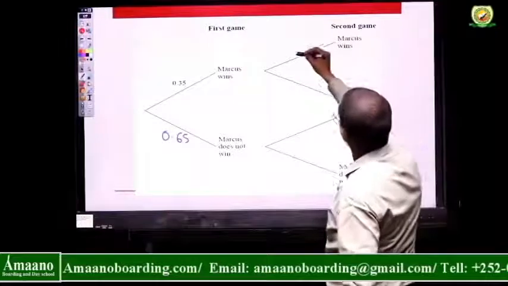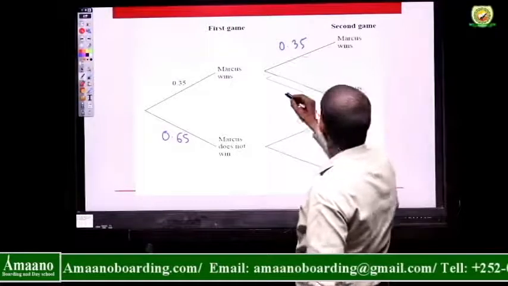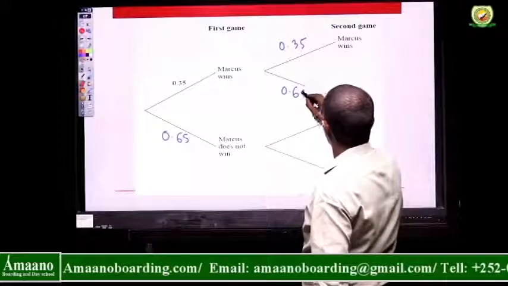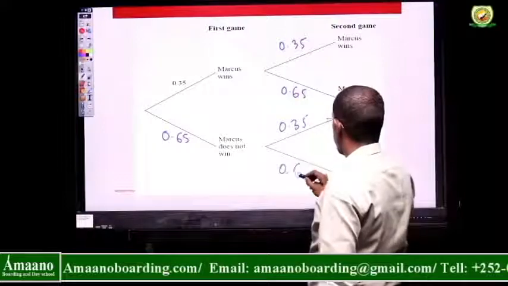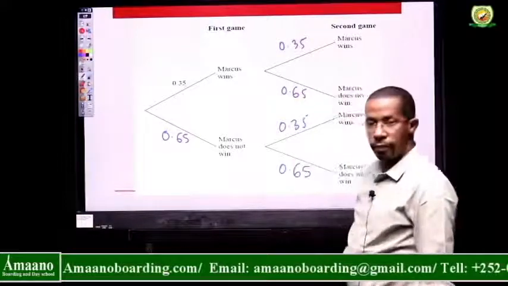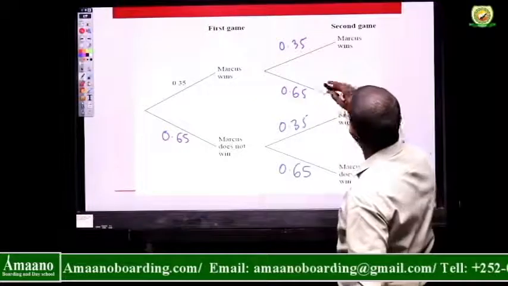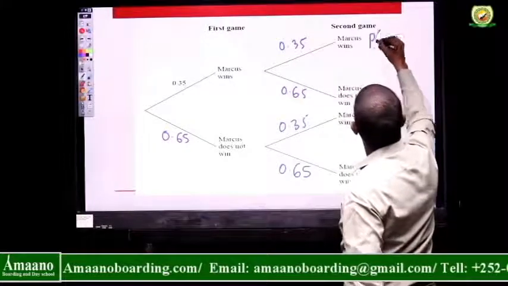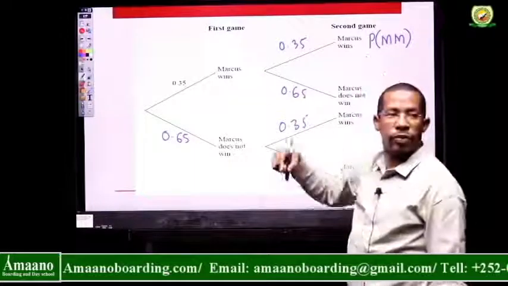You do the same here. 0.35, 0.65, 0.35, 0.65. Now the chance that he wins 2 games, let me use M to mean Marcus wins.